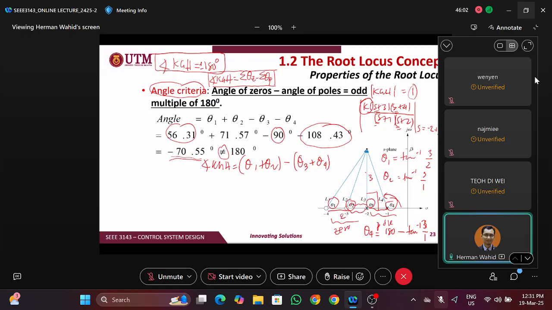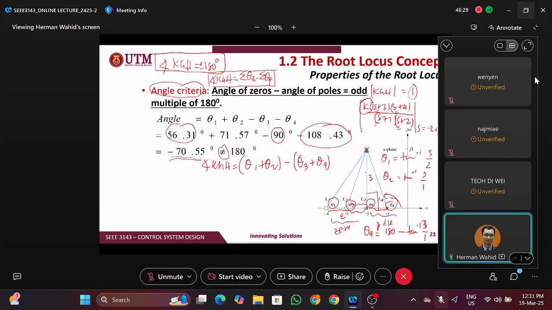It should be equal to 180. But in this case, it is not equal to 180. Meaning that the pole we are trying to test here is actually not part of the root locus of the system, not part of the closed loop poles of the system.